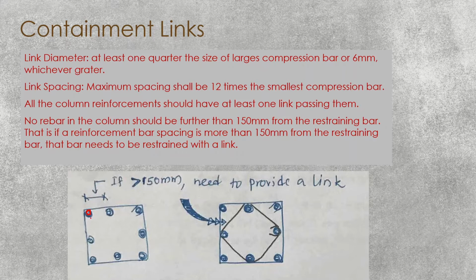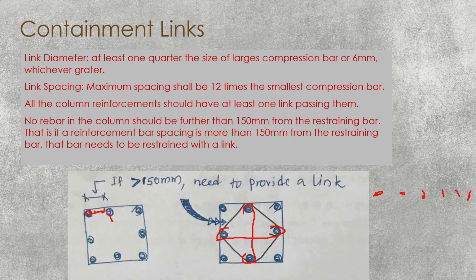this gap is greater than 150, then in such a case you have to restrain this bar. You can put a strap like this, or you may put a single strap, but it may be difficult here because you can put one like this, but then we have to put another one like this. So it may be difficult, but we have to provide it.